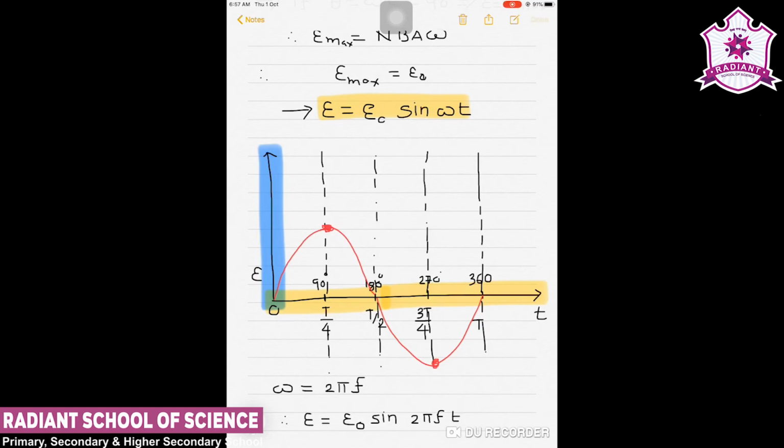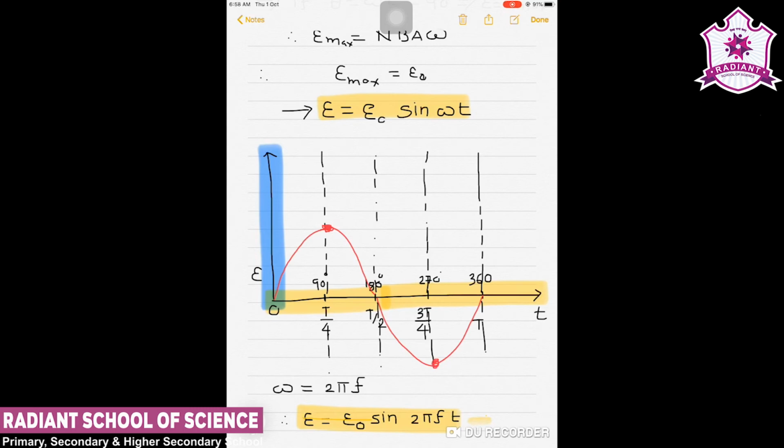So this is called the equation, and right now we can represent this as the equation for the induced EMF.